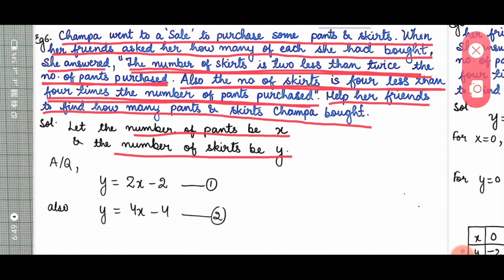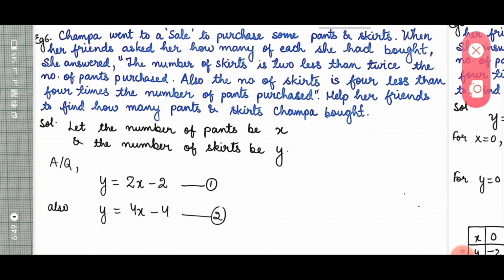Now according to the question there is a statement, let me just clear it for you. Now according to Champa's statement, the number of skirts, what is the number of skirts according to us? It is y, right? The number of skirts is equal to 2 less than twice the number of pants.